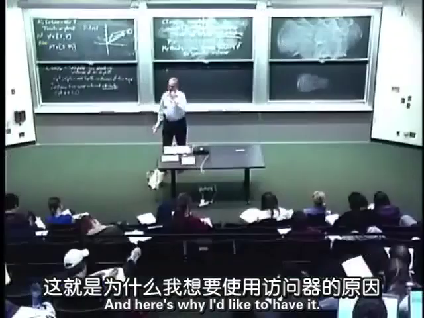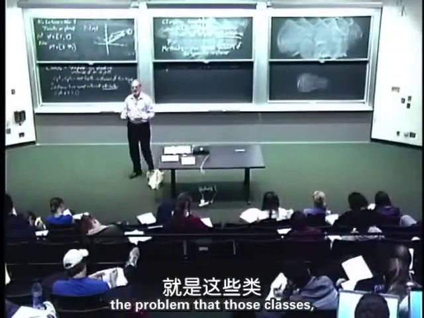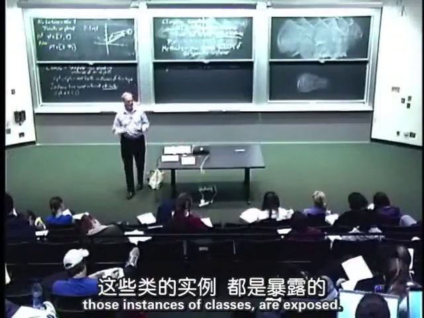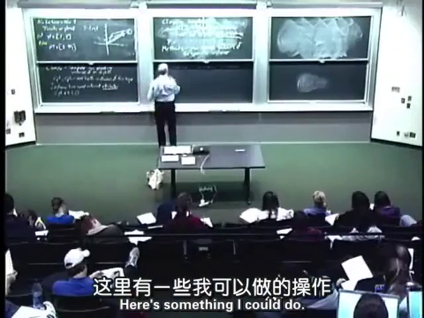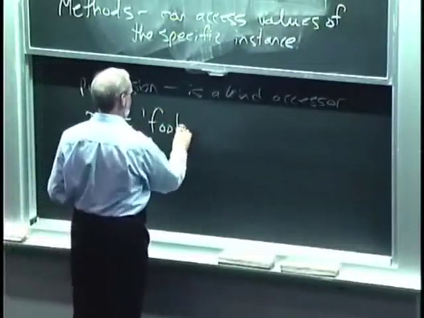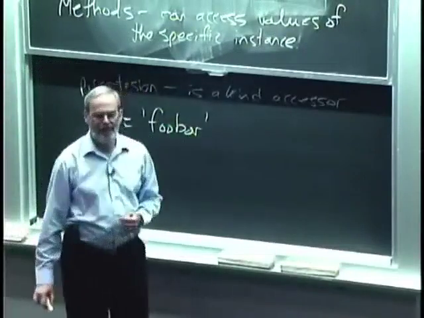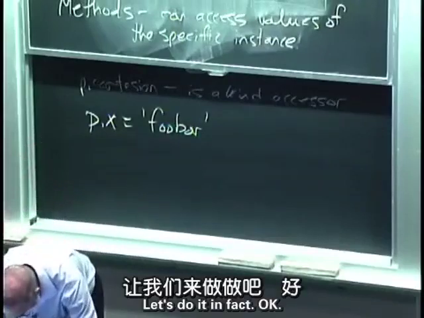Right, and here's why I'd like to have it. Right now, I still have the problem that those instances of classes are exposed. What do I mean by that? Here's something I could do. Right? Let's do it, in fact.